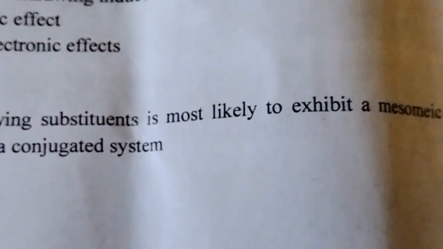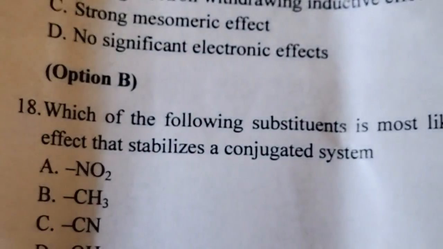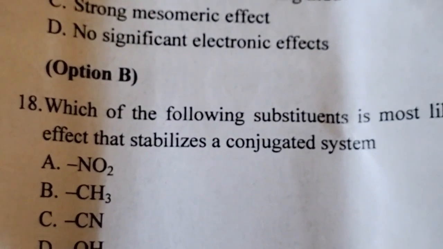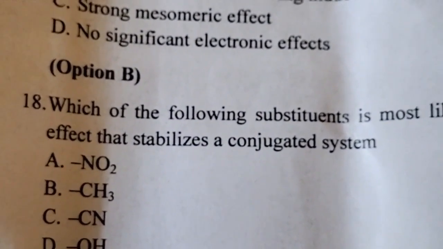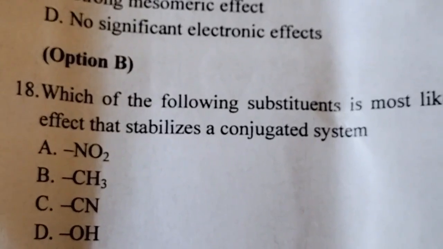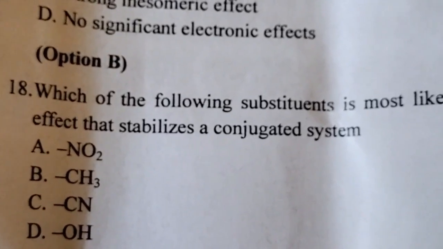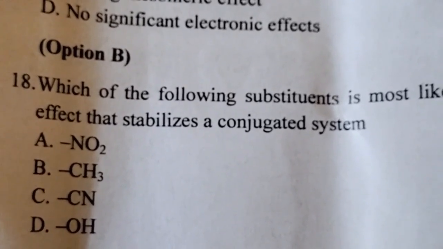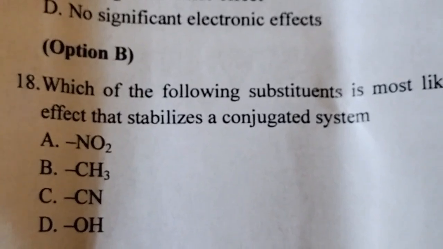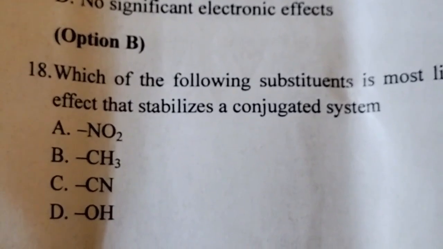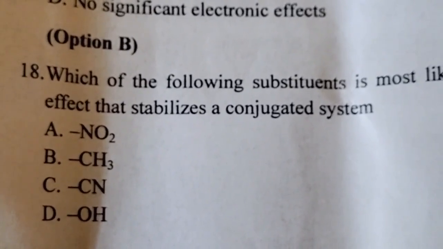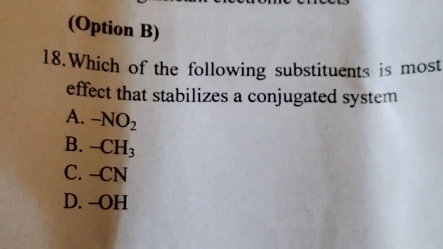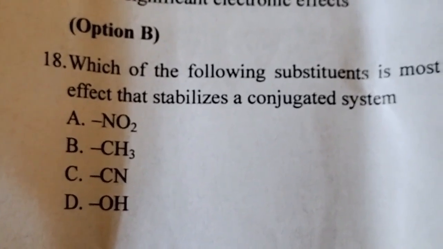Number 18, which of the following substances is most likely to exhibit a mesomeric effect that stabilizes a conjugated system? The substances that stabilize a conjugated system by mesomerism are those that readily donate electrons, that is, those that have an M positive effect.